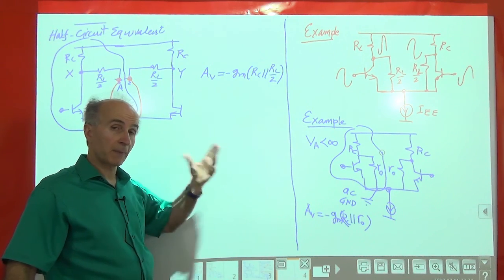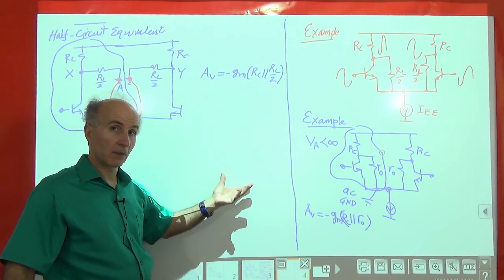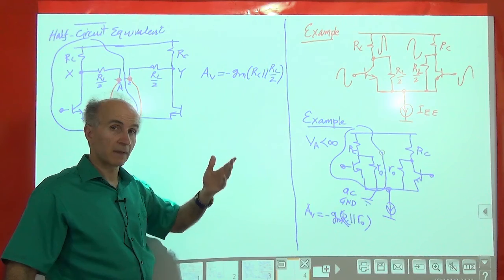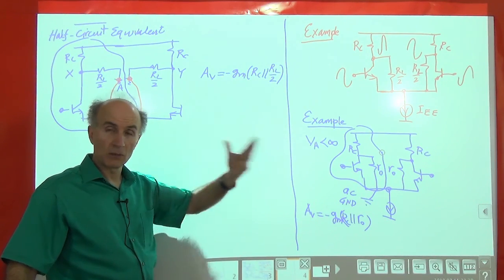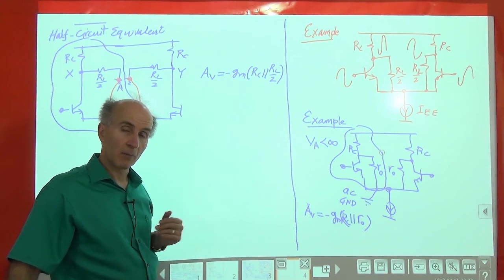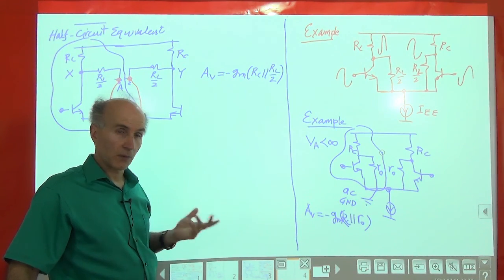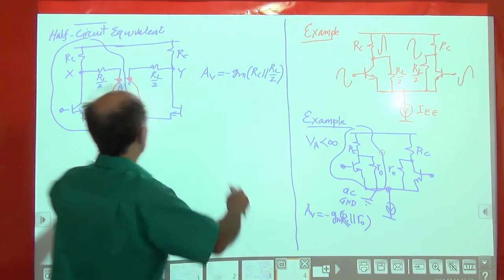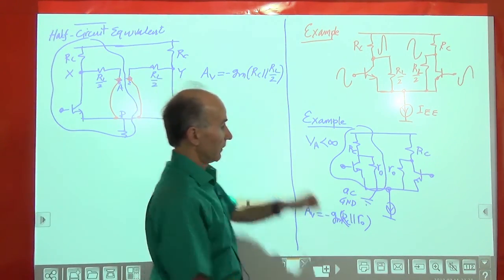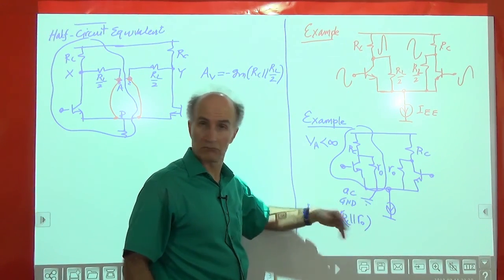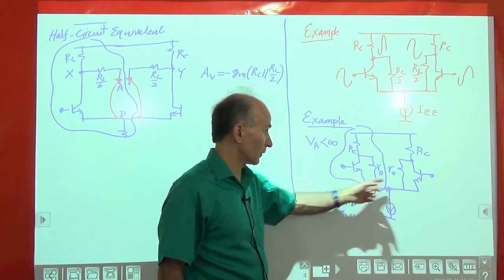So the time and energy that's spent here was worth it because later on we can reuse all these concepts for the MOS differential pair. We saw that if the differential voltage is large enough, all the current is steered to one side. It should be the same whether these are bipolar or MOSFETs, right?